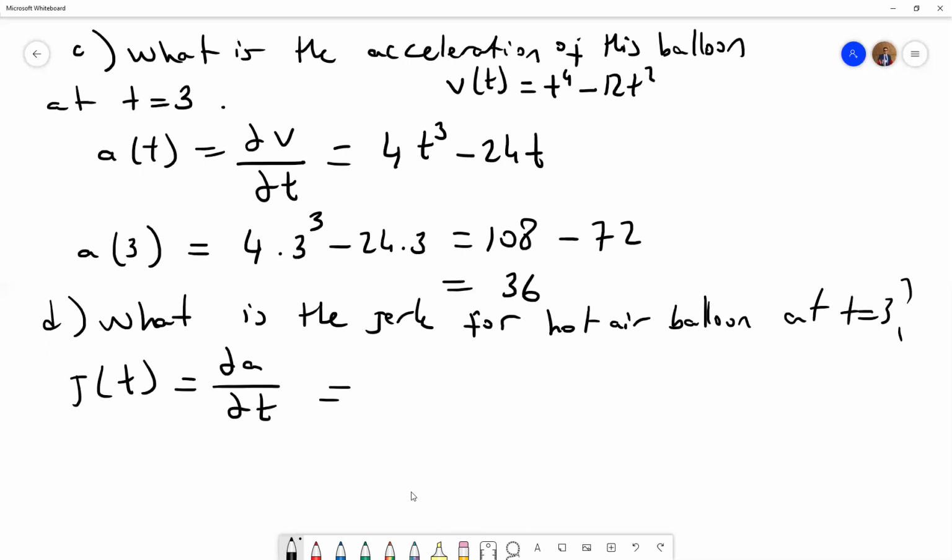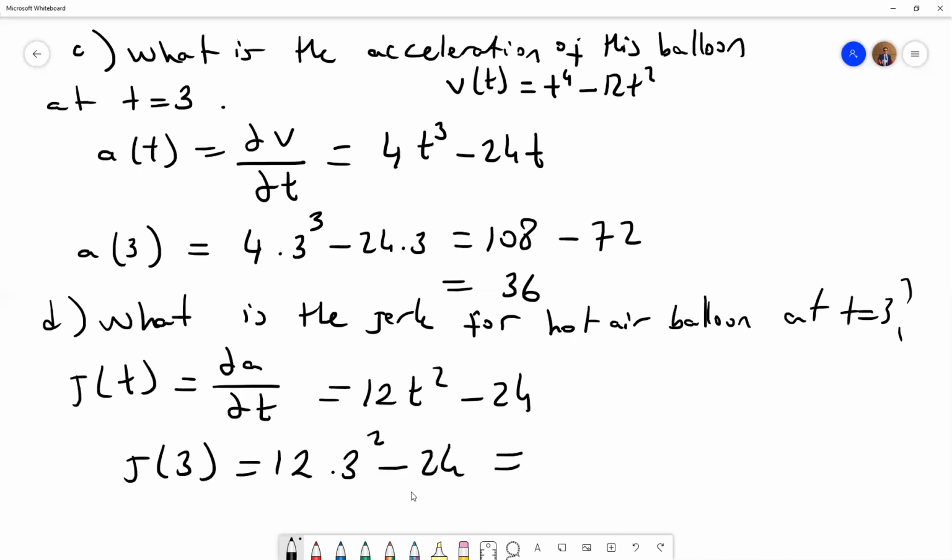So you have to find this 12t squared minus 24, but the question is at t is equal to 3, and it is 12 times 3 squared minus 24, and it is 108 minus 24. It is 84. Yeah, this one is 84.